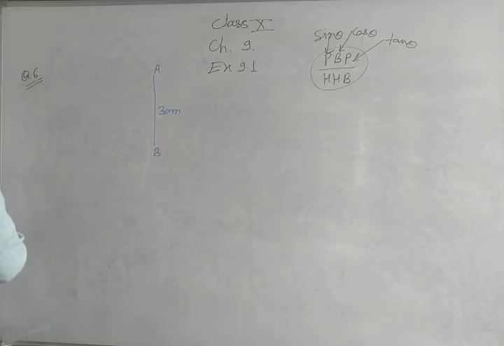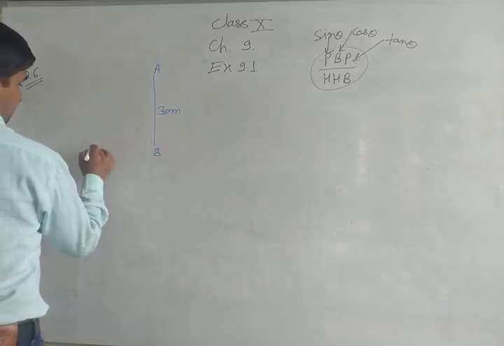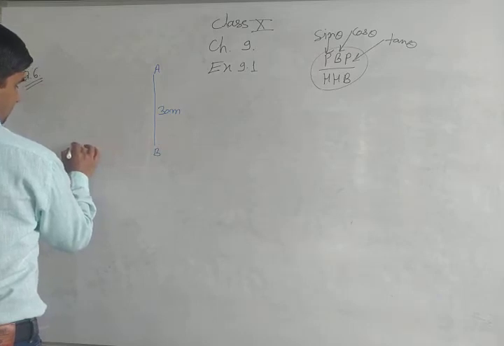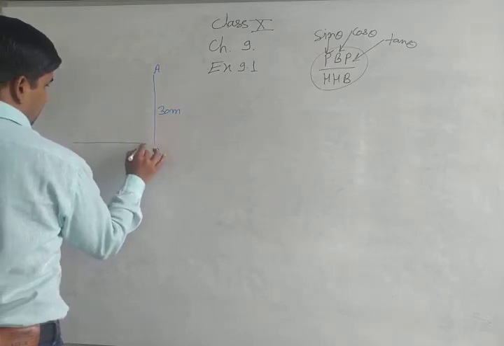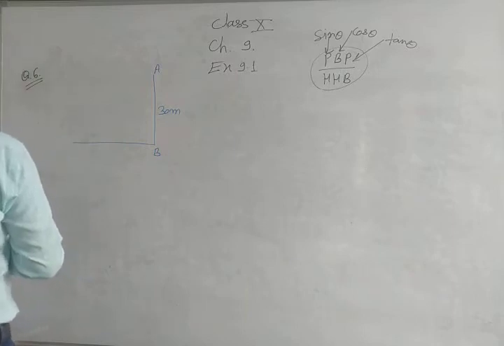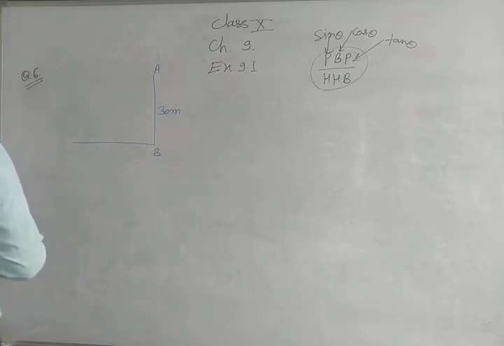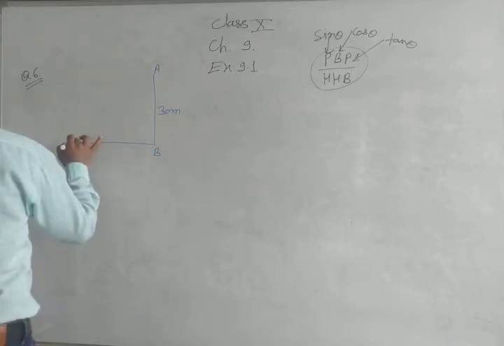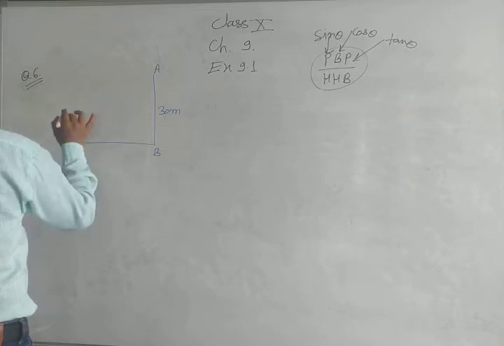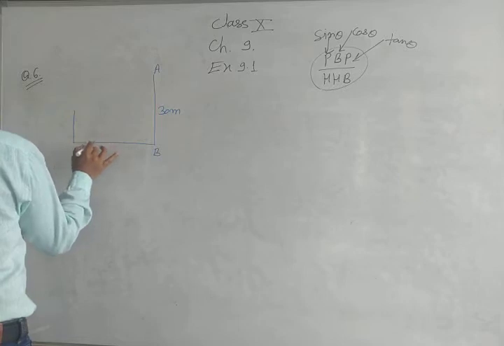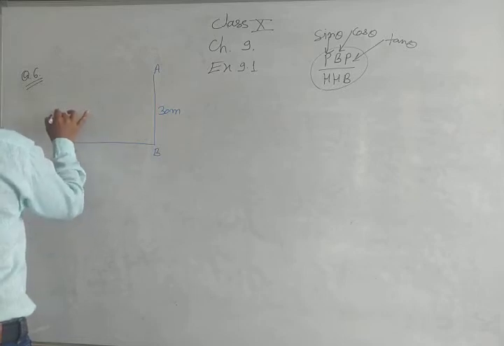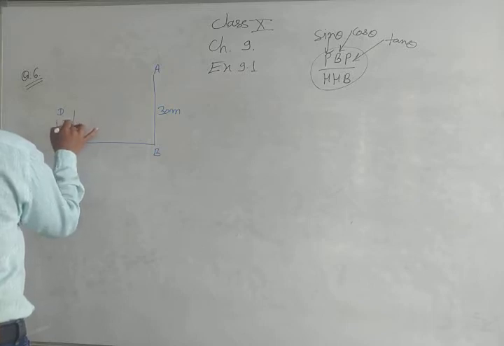And next, a boy is standing at some distance, a 1.5 meter tall boy. So A, B, C, and this one is D, and this one is 1.5 meter.